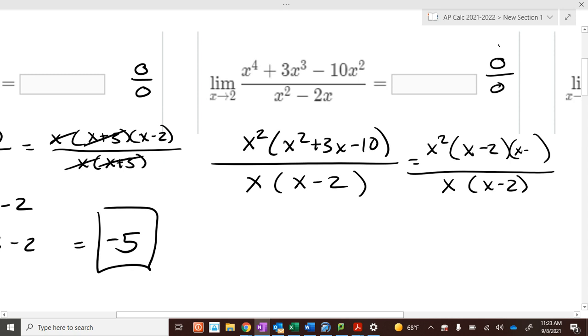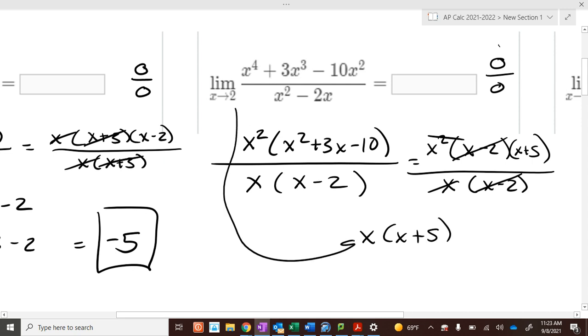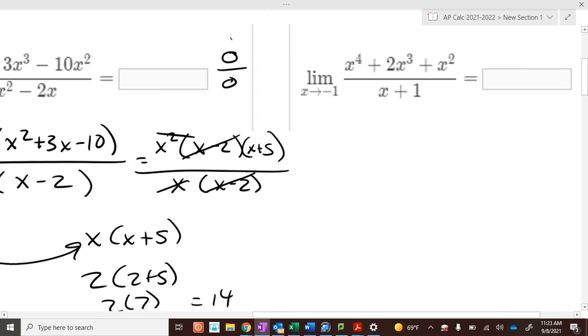And then it's going to be x plus 5. So this cancels with this. One of these cancels with one of these. So I get x times x plus 5. If we stick in a 2, we get 2 times 2 plus 5, which is 2 times 7, which is 14. We good there? So we don't have to do that one, right?